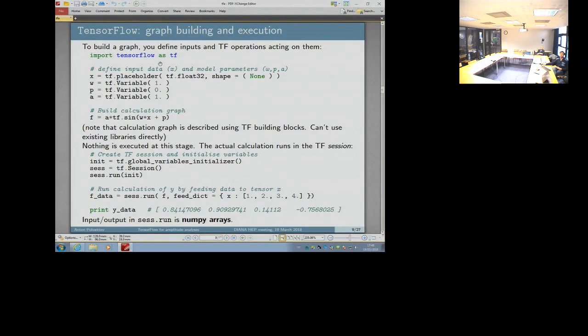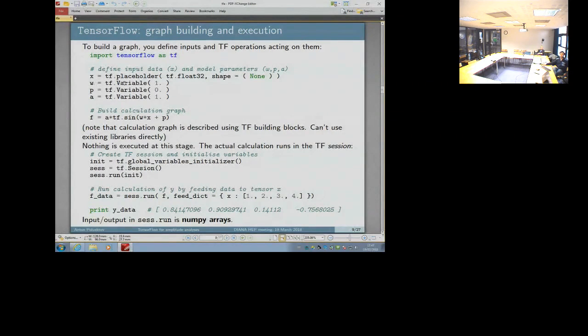So you first need to build the graph for your calculation, and you define your inputs in the following fashion, right? So you have x, which is going to be your input data tensor, which in this case is just a one-dimensional tensor of unknown size. This None tells you that you don't know how large the data sample is.